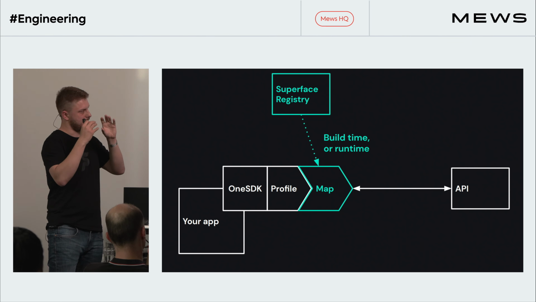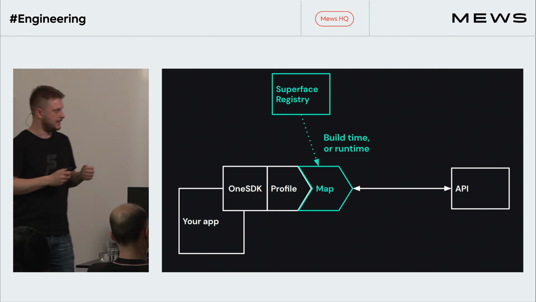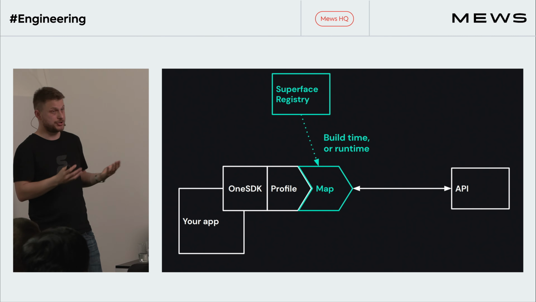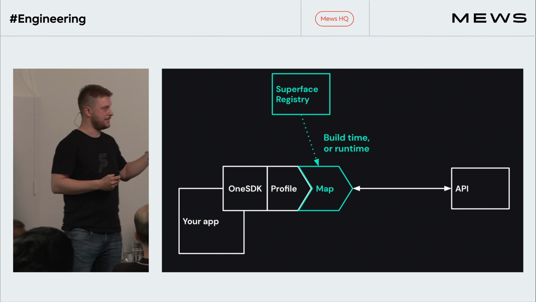So the profile will provide you with a stable interface for doing that and calling this functionality from your code. Then at build time or at runtime, the profile is actually implemented by what we call a map, which is a piece of code, logic, which communicates with the API.